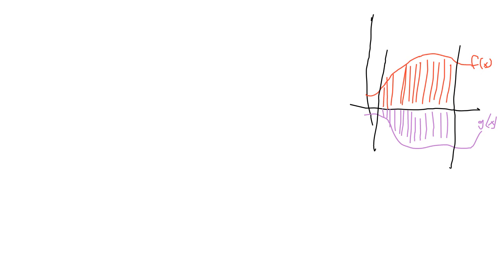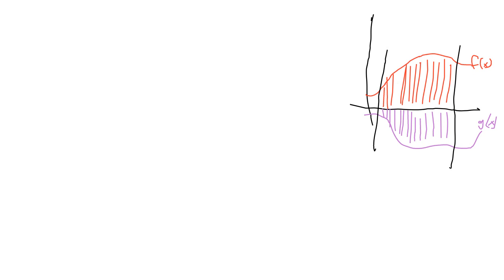If we take the area of this red region here, let's call this f of x, and let's call the purple g. If we take the area under f of x, that's going to get us this little hatch right here. If we take the area of g of x, we're going to get this hatch down here, but granted this is all under the x-axis, so this part is going to be a negative area.